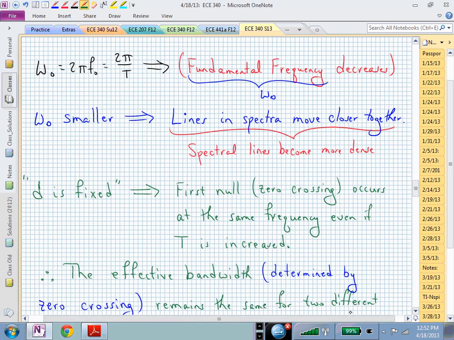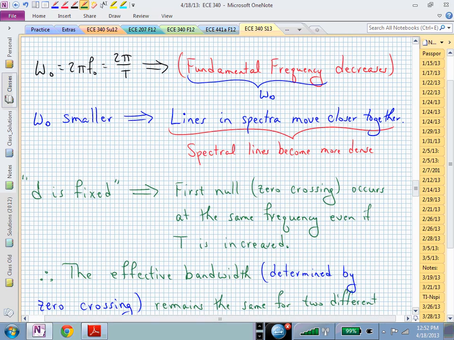With omega naught smaller, these spectral lines become more and more dense as we make capital T wider and wider, or we lengthen the time between those pulses. D, remember, is fixed. We didn't change it. It's still on for 1/10 of a second.